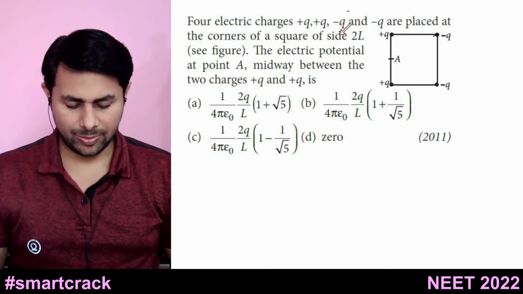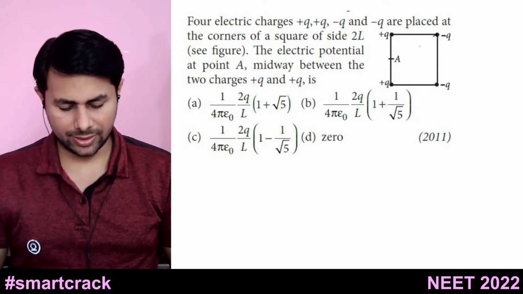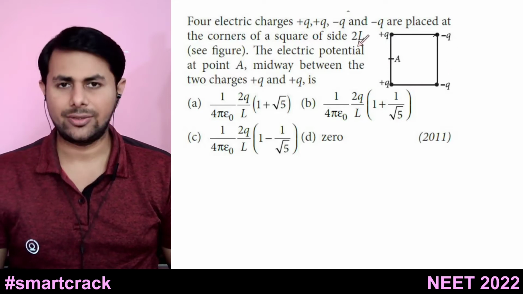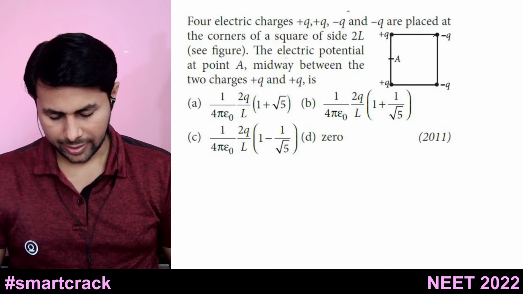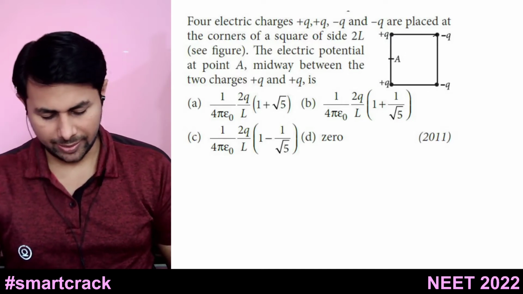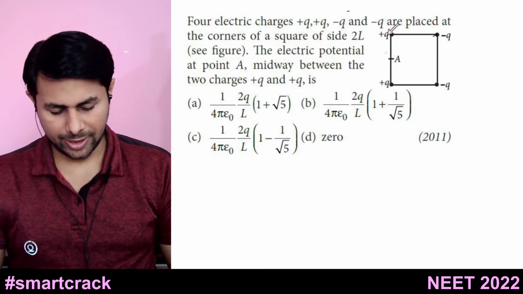4 electric charges plus q and minus q are placed at the corners of a square of side 2l, and we have to find the electric potential at point A, midway between the two charges plus q and plus q.